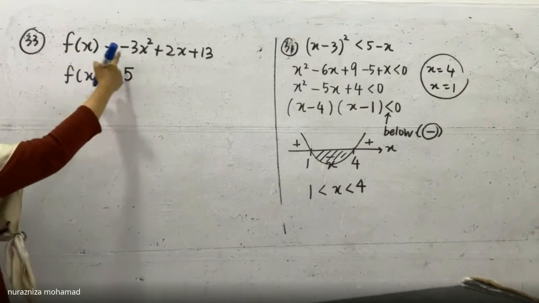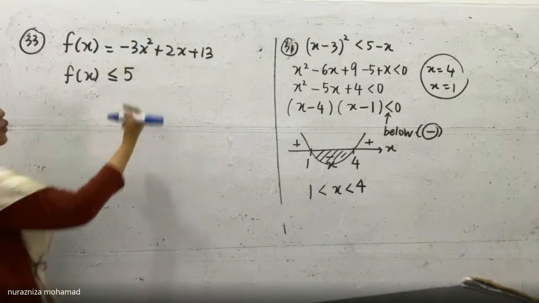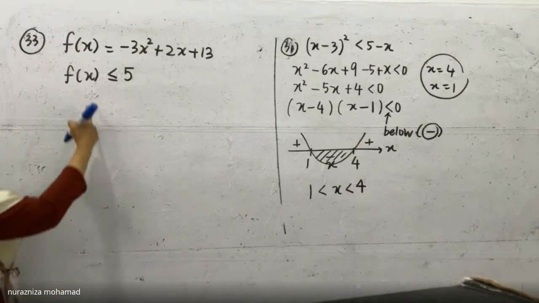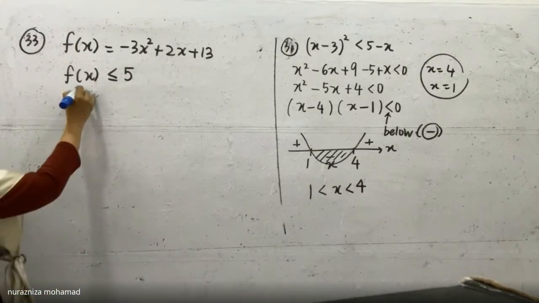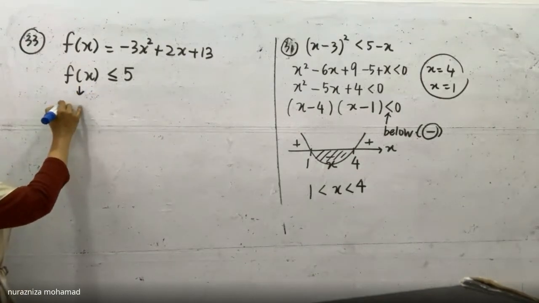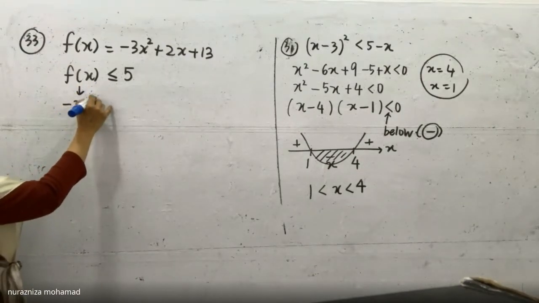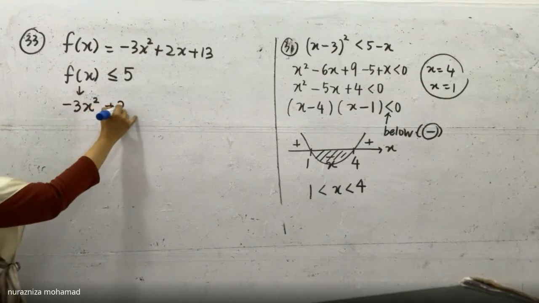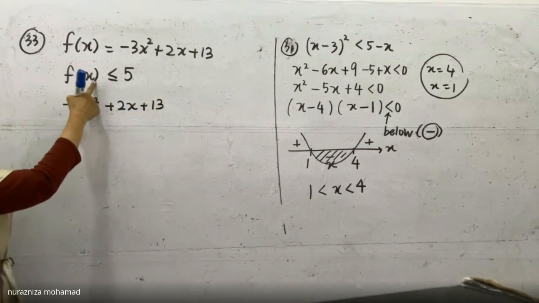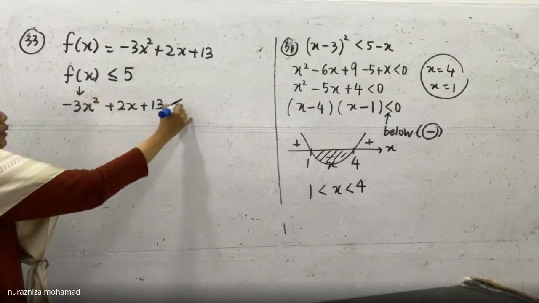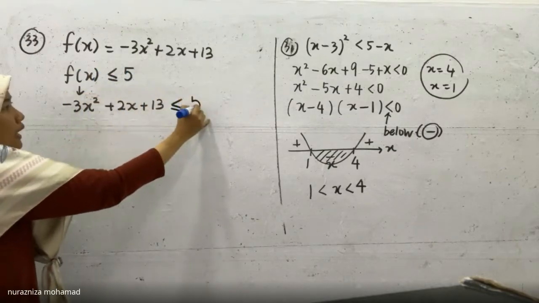So f(x) is given by -3x squared plus 2x plus 13, and f(x) is less or equal to 5. So this f(x) we substitute by -3x squared plus 2x plus 13. Okay, this is the f(x), less or equal to 5.